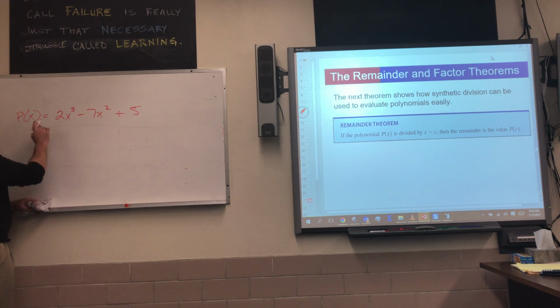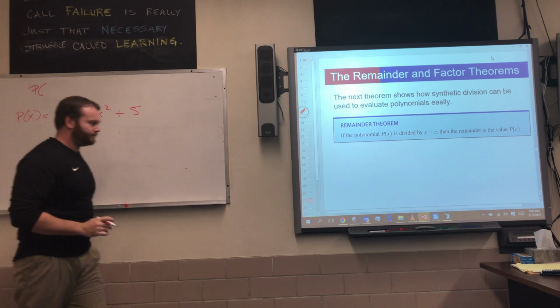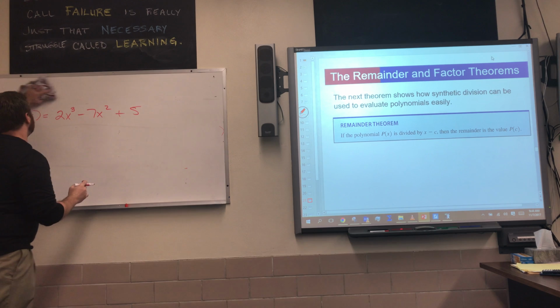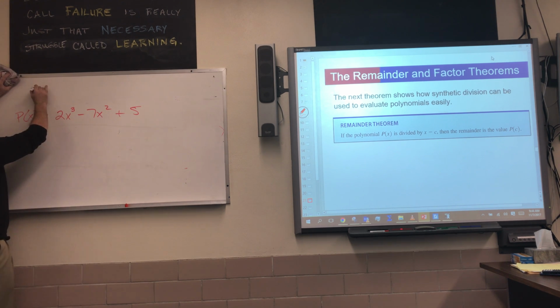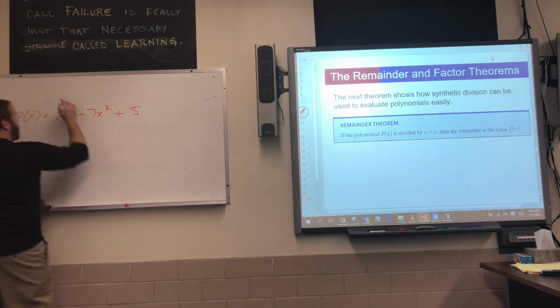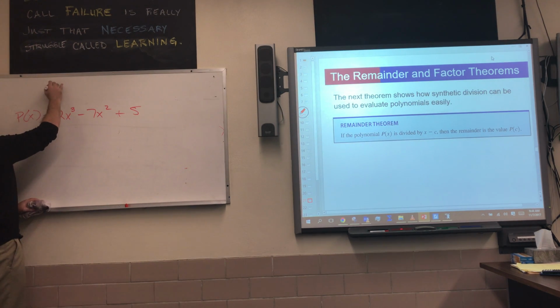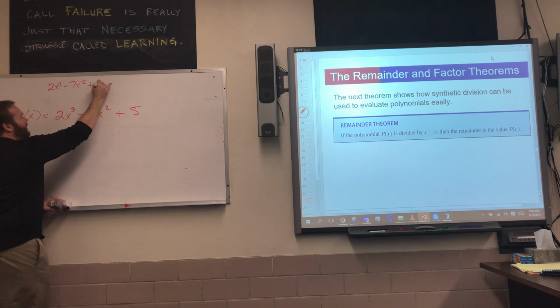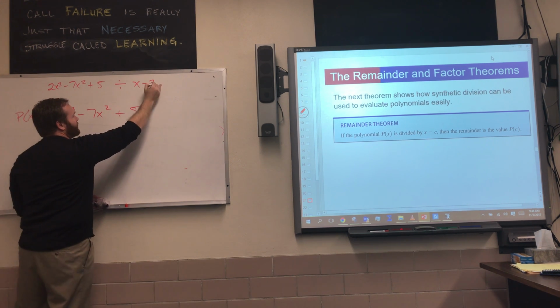So what we're saying here is, because I divided p, what do we divide p of x by? x minus 3. So we had 2x cubed minus 7x squared plus 5 divided by x minus 3, right?